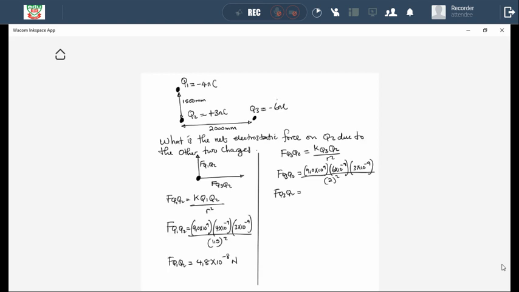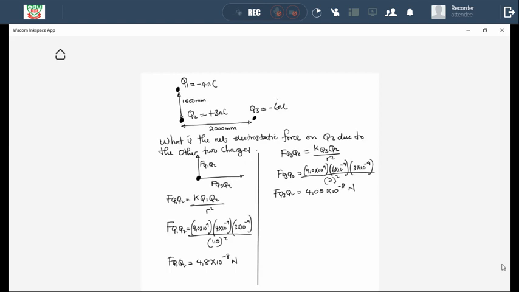I open 3 times 10 to the power minus 9. I close over. I open 2. I close, and that squared. Then I'm getting 4.05 times 10 to the power minus 8, and this is newtons. Right. So what do I do now?